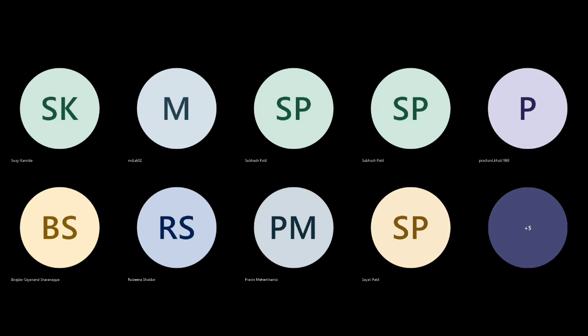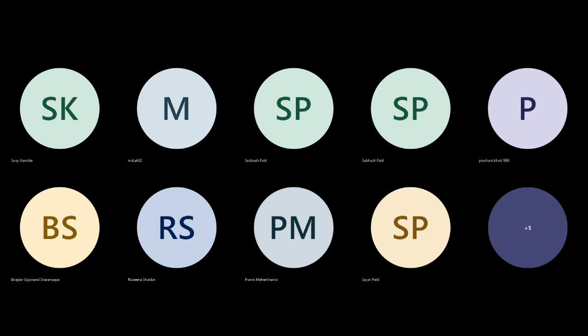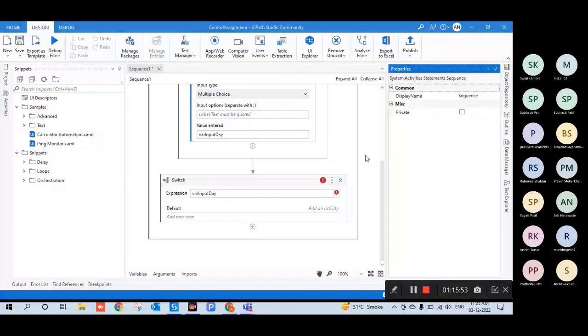Sir, how to share the screen? Because I click on screen, but I'm not getting any other option. Sorry, you are not able to share your screen. Yes, yes. It's visible now, sir. Yes, it's visible. Okay.